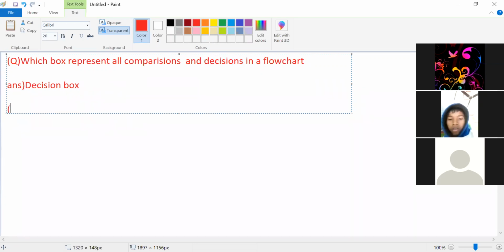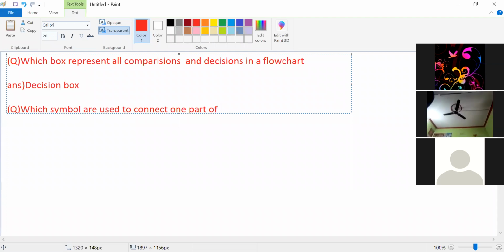Next question. Which symbols are used to connect one part of a flowchart to another?